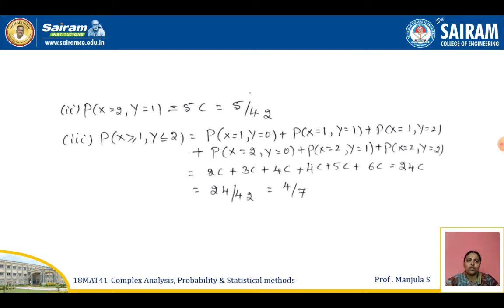Under this, substitute the respective values in terms of C and add them. We get 24C, so with C equal to 1 by 42, on simplification we get 4 by 7. This is our required probability value.